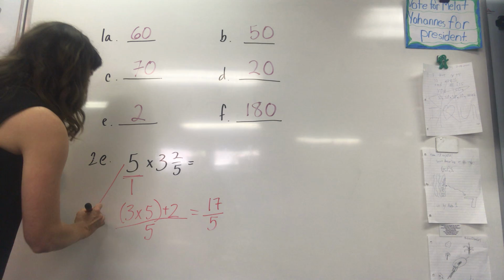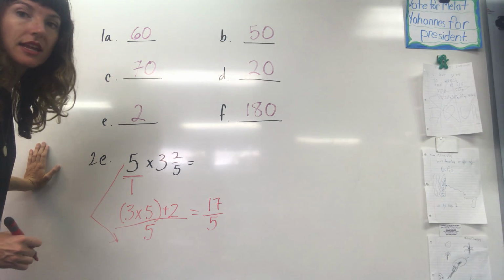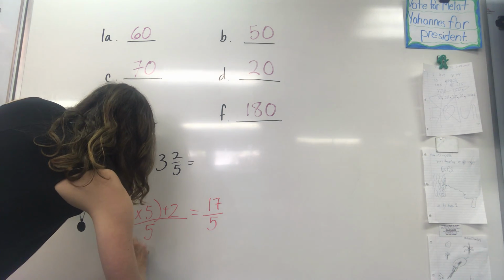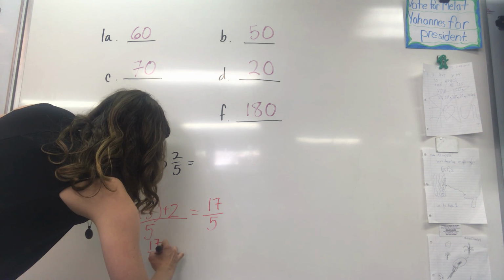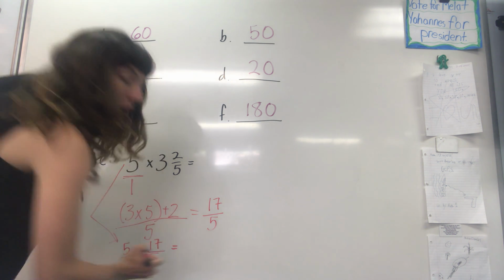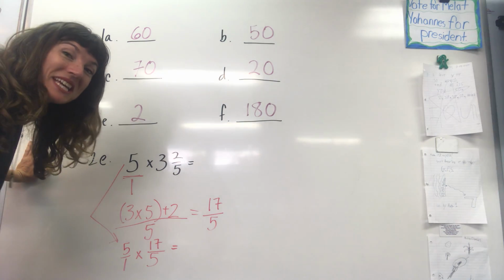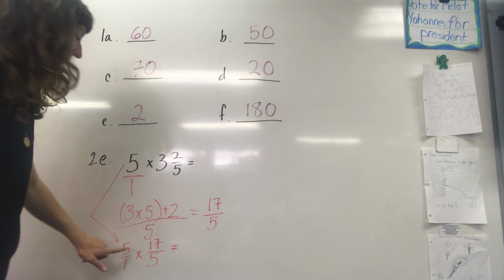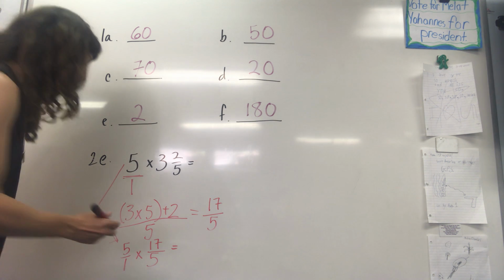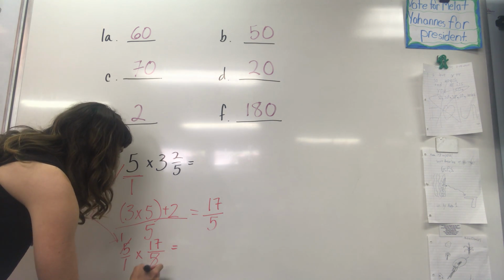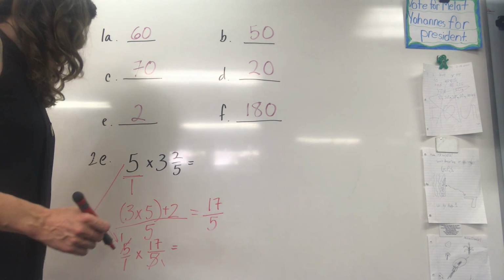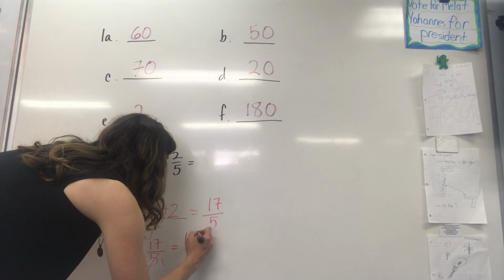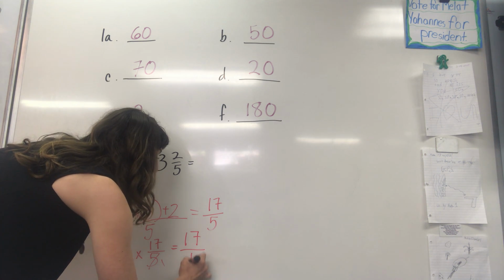And now I rewrite my equation. 5 over 1 times 17 over 5. Can we cancel? I think we can. 5 and 5, that becomes 1 and 1. 5 divided by 5 is 1, and 5 divided by 5 is 1. 1 times 17 is 17, and 1 times 1 is 1.